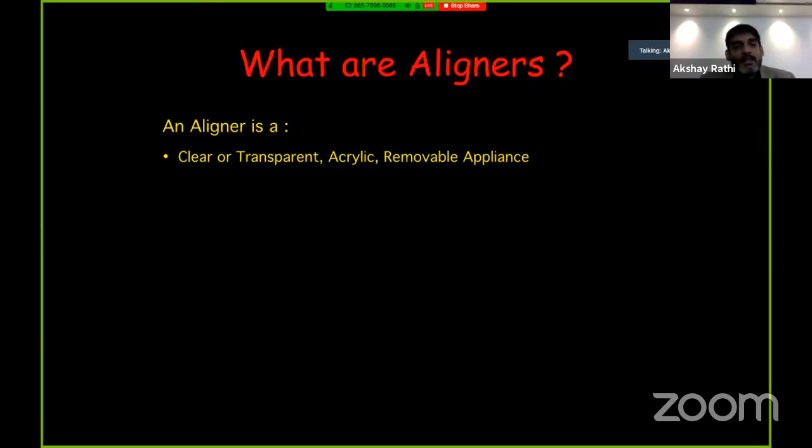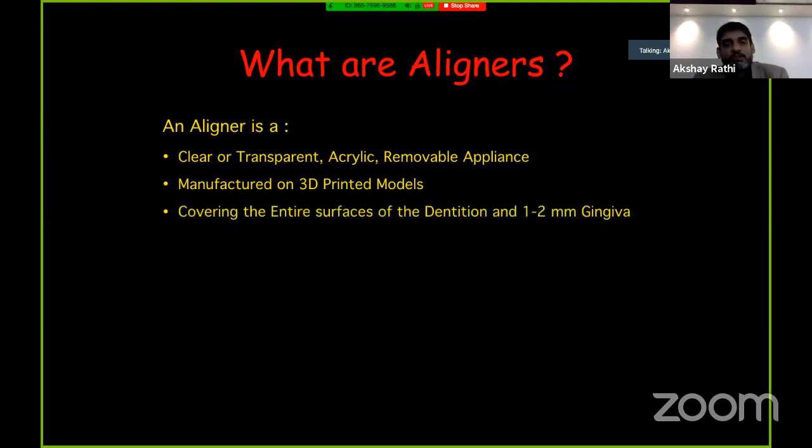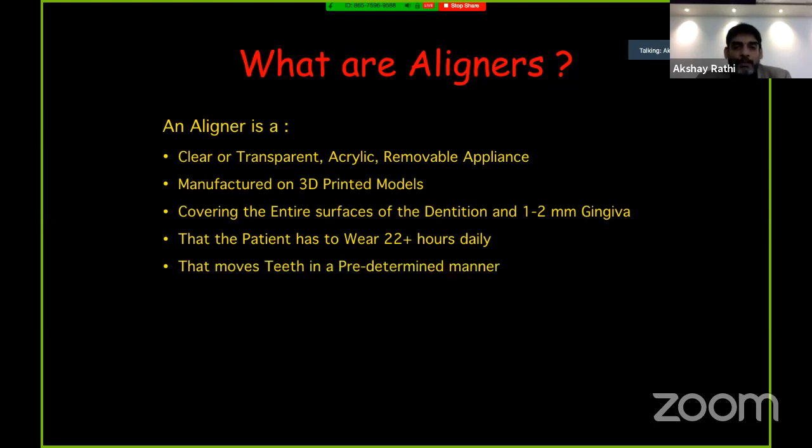So an aligner is a removable orthodontic appliance manufactured on 3D printed models of the patient, covers the entire surface of the dentition and 2 millimeters of gingiva, that the patient must be instructed to wear more than 20 hours daily, and it moves teeth in a predetermined manner to correct the malocclusion sequentially.